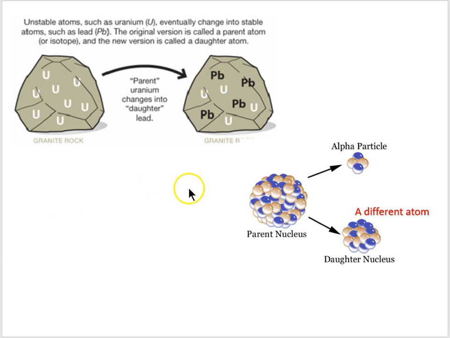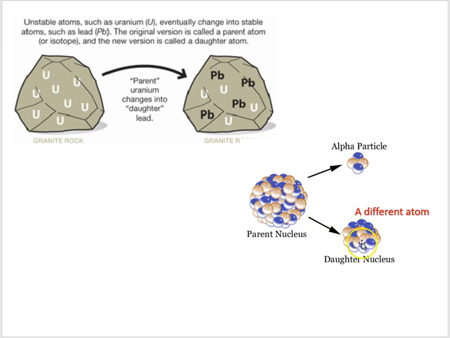Now, what is radioactive decay? Well, we will be learning that in atoms, there's a nucleus where you have protons and neutrons, and surrounding the nucleus are electrons. Radioactive decay involves the nucleus of the atom. The nucleus loses some of its particles, a couple of protons and a couple of neutrons.